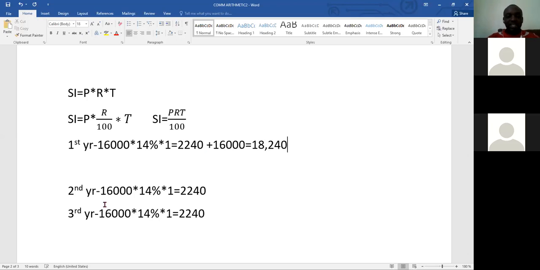So for the second year, instead of depositing 16,000, you are now going to deposit 18,240. You say 18,240 multiplied by 14%, times 1 more year. So in the second year, this is what you're going to get in compound interest. So this one here was for simple interest, but this one now is compound interest.